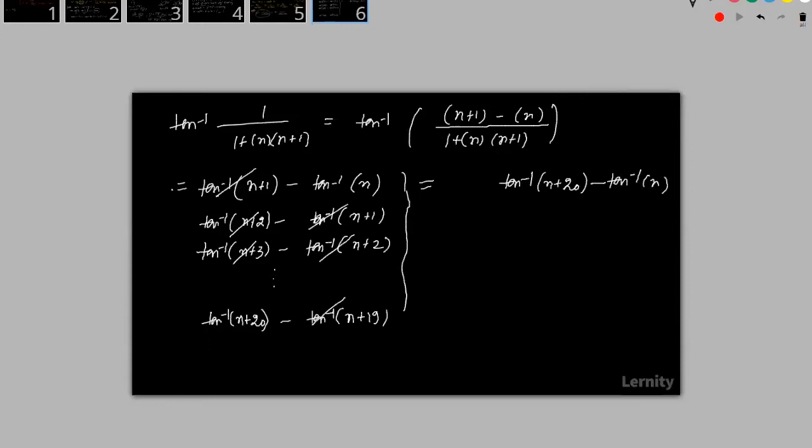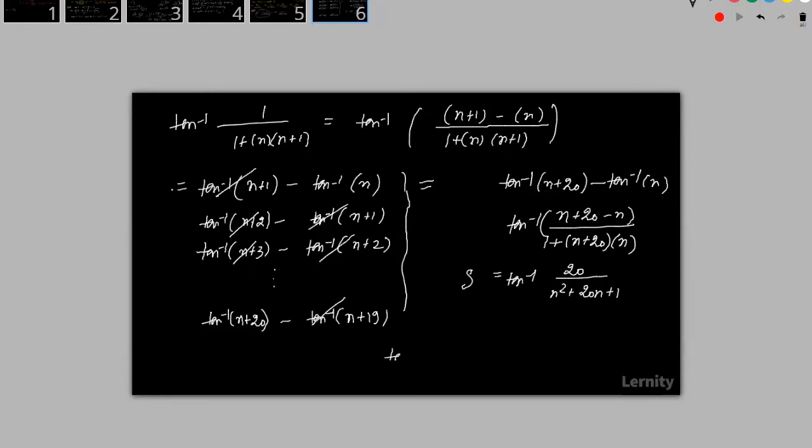If I convert this into tan A minus tan B, this becomes tan inverse of n plus 20 minus n upon 1 plus n plus 20 into n. So this is nothing but tan inverse of 20 by n square plus 20n plus 1. So this is equal to s.